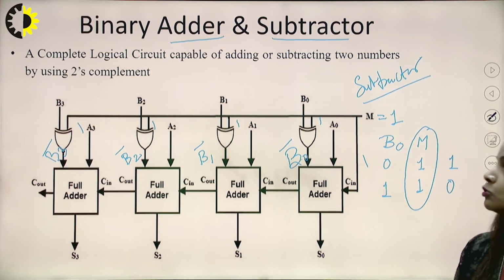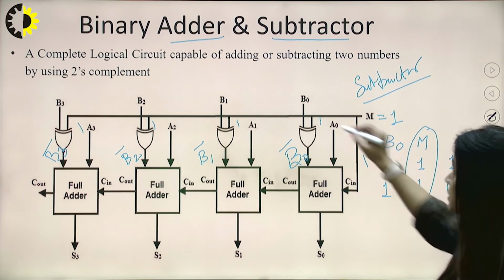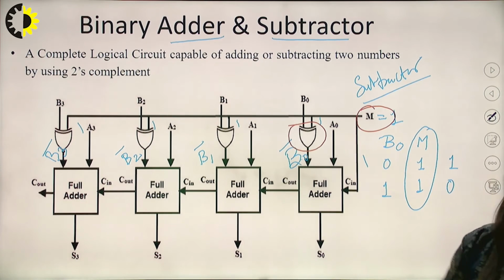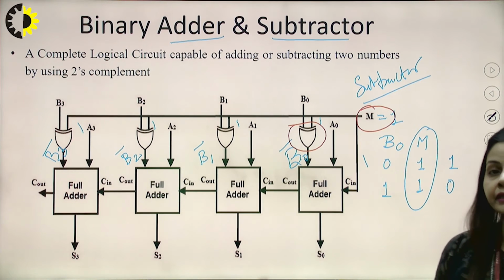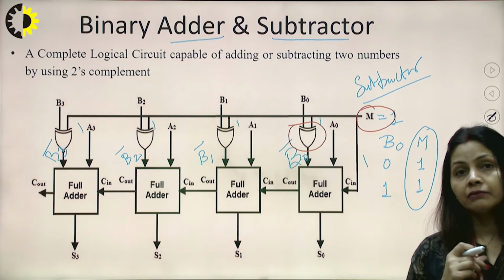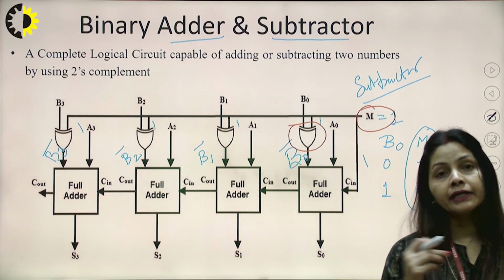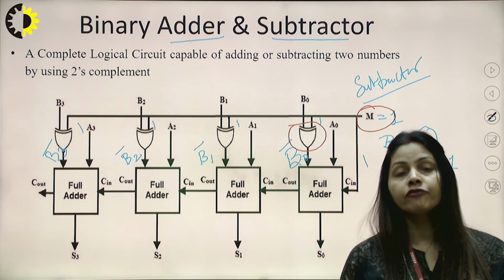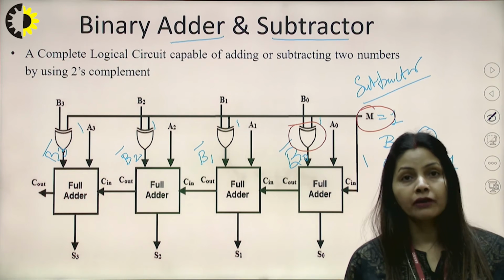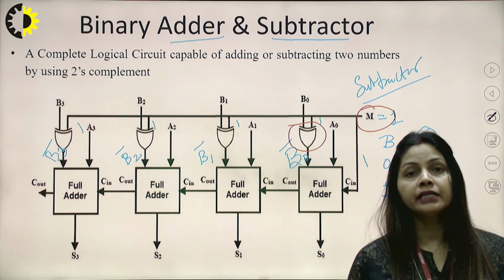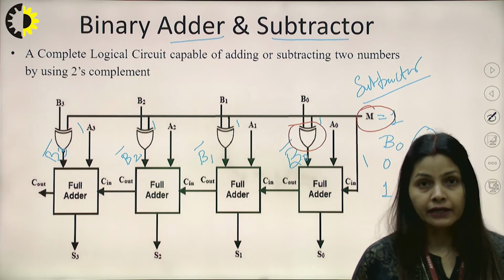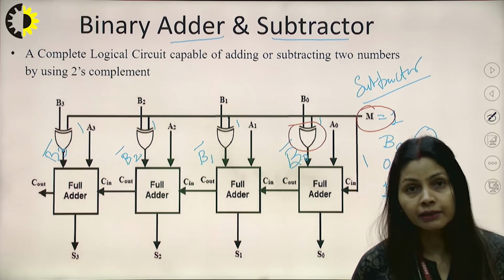These two parameters are important: first is the M, and the XOR. For a binary adder and subtractor, the circuit is the same as the 4-bit serial adder, with only one additional bit, M, and 4 XOR gates. These combine, and the circuit behaves as an adder as well as a subtractor.